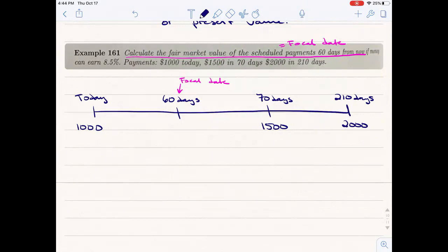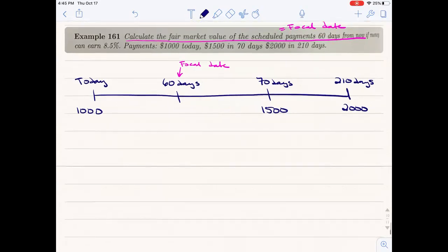That means that I have to pull this one forward to be a future value, but I have to pull these two back to be a principal amount, or a present value. And then if I add these up, that's the total amount that's going to be worth 60 days from today. So we draw that out.